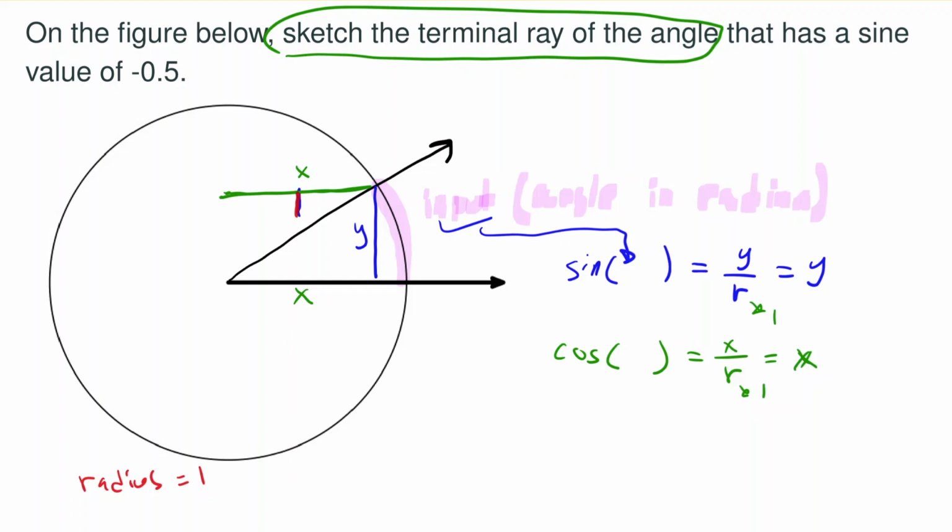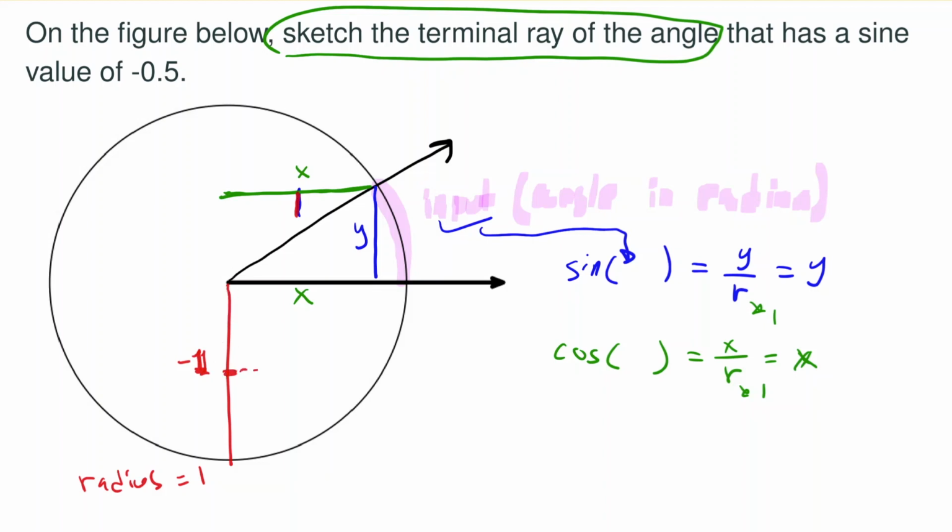Since sine value means y value, here we know this length is 1. Negative 1 in terms of things going down; length is 1, but in terms of coordinate it is negative 1.